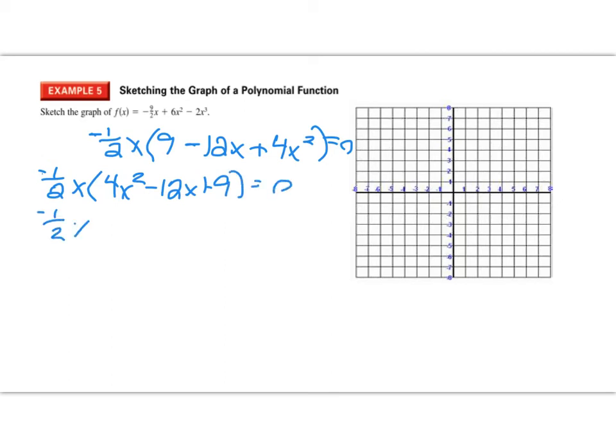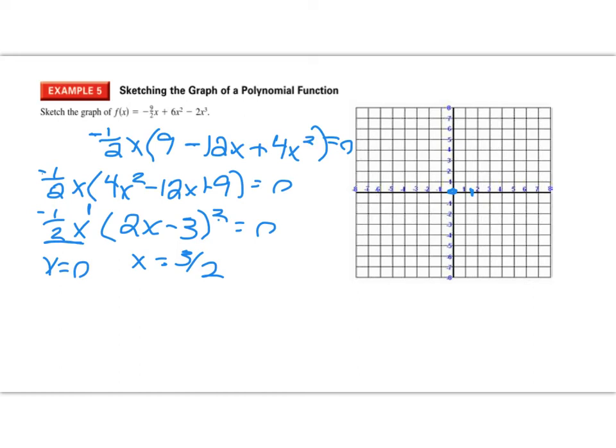So I can factor that, and that factors to 2x minus 3 squared equals 0. So now I've got a 0 here, and this one is going to be 3/2 with a multiplicity. This has a multiplicity of 1, this has a multiplicity of 2. So at 0, and I've got another one at 3/2.